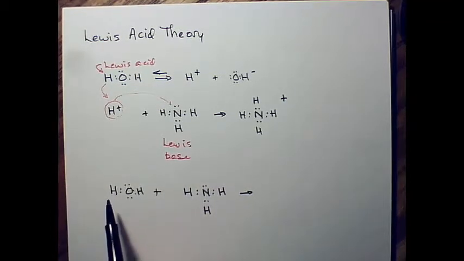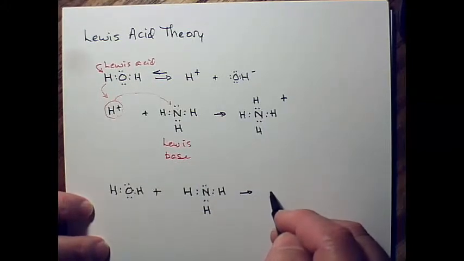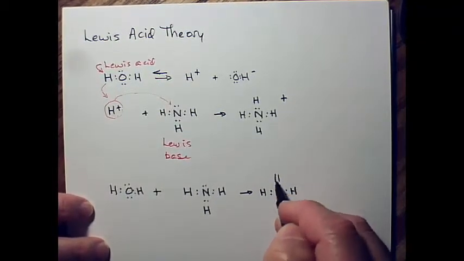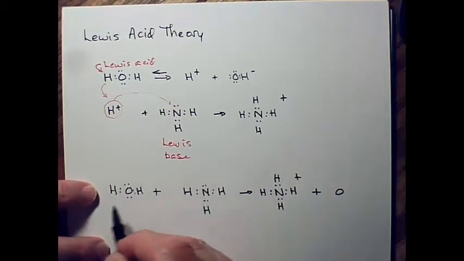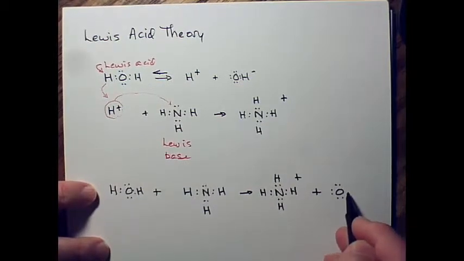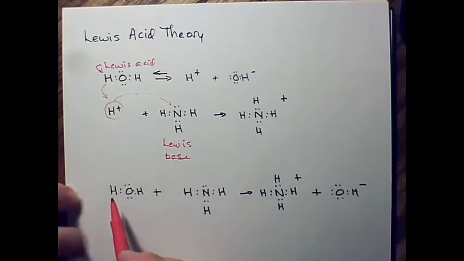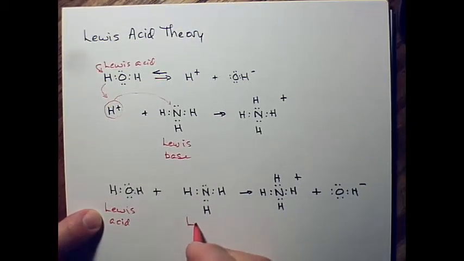This hydrogen ion shares that pair of electrons in a covalent bond. And so we're going to get ammonium. And because the hydrogen ion came off, what's left of this species here is the hydroxide ion. So because the hydrogen ion came off of this, this is the Lewis acid. And this is the Lewis base.